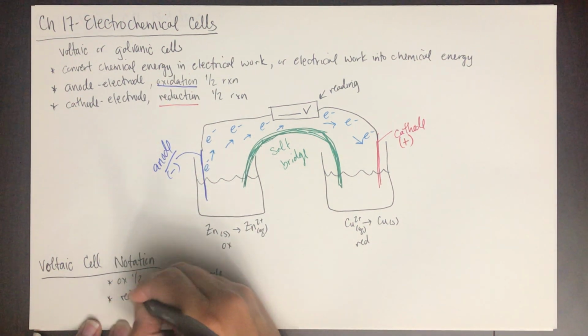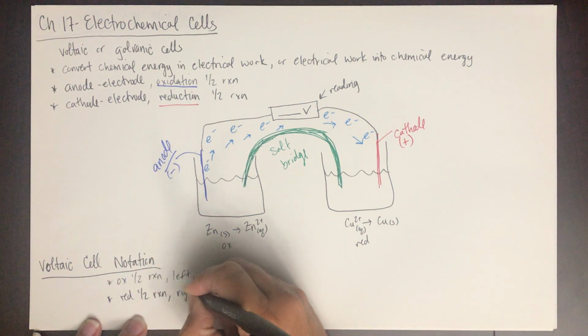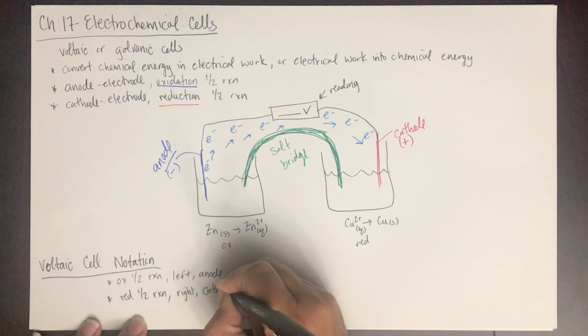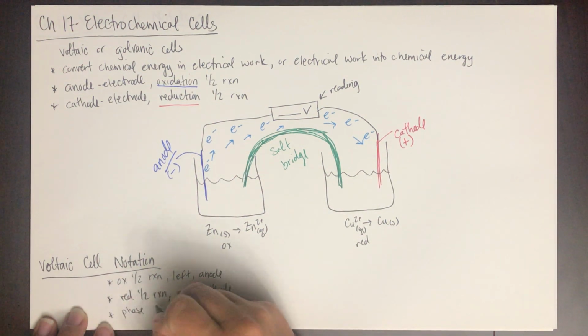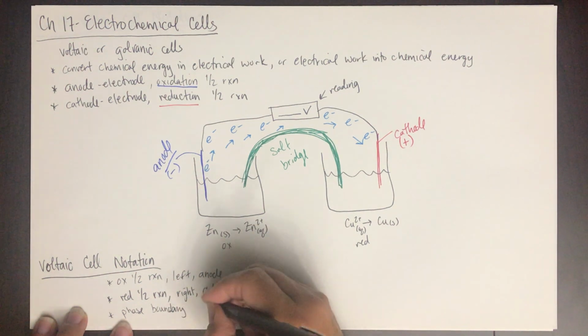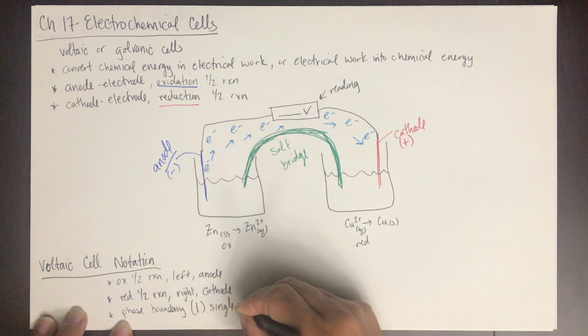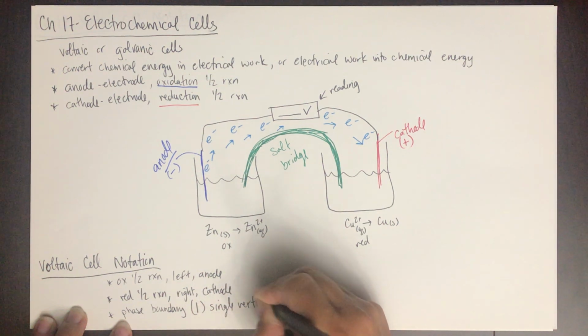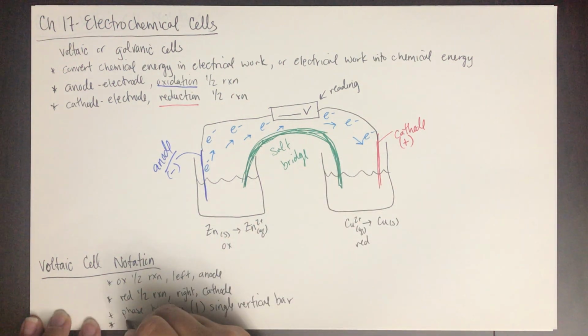The reduction half reaction is written on the right, that's the cathode. A phase boundary is a single vertical bar, and the salt bridge is two vertical bars.